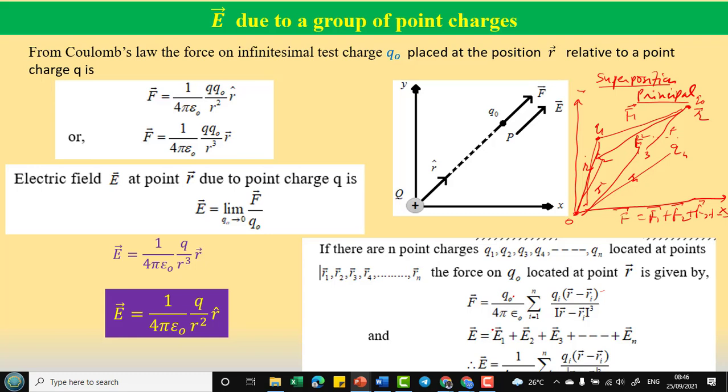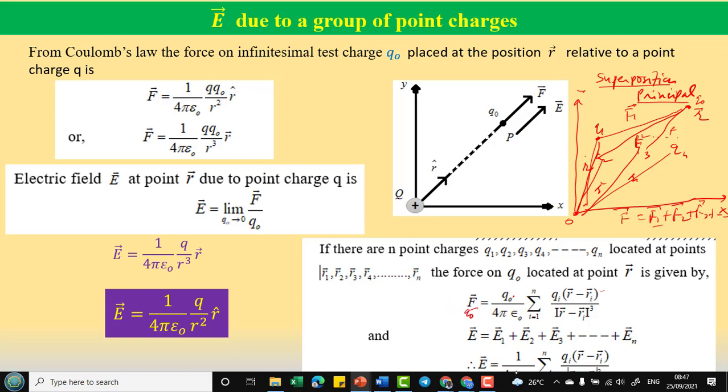So the net electric field intensity is going to be on the same line, because that is the force we have written, so that will be divided by Q naught. So E is equal to E1 plus E2 plus E3 plus dash dash dash En, right? Or simply this upon Q naught.